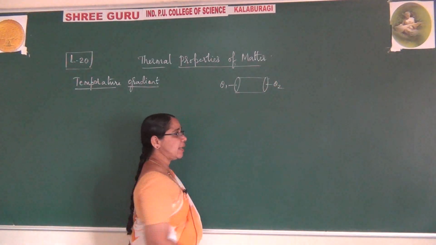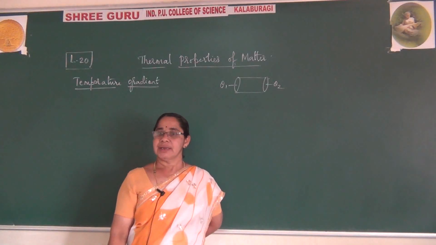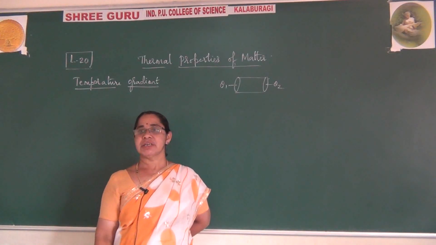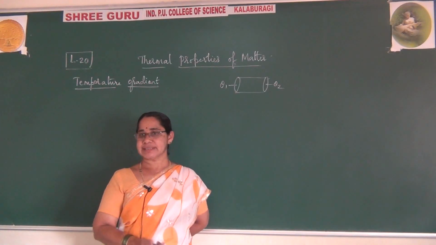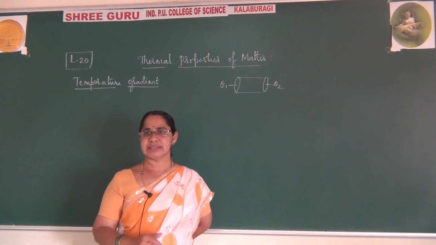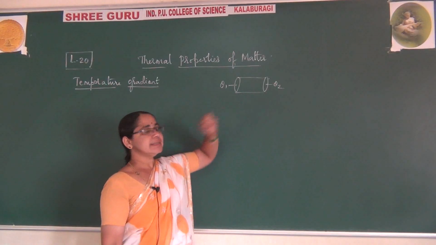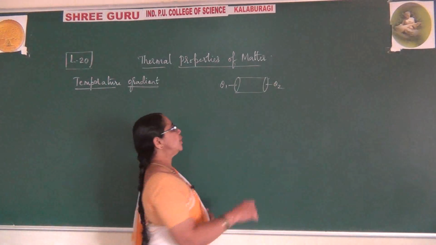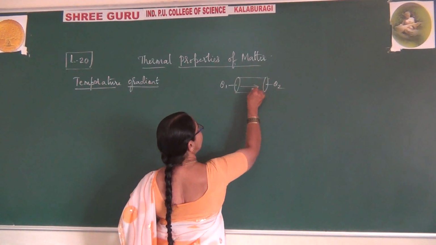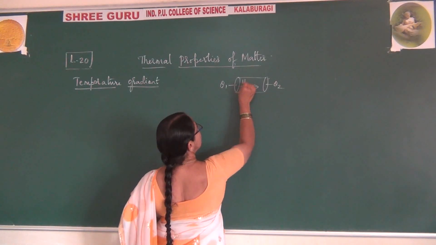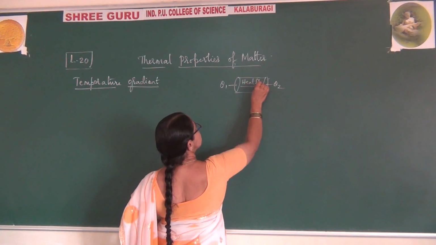We have to select exactly opposite faces of the substance, whichever faces you select, but exactly opposite. So theta 1 and theta 2. We allow the heat to flow through this.